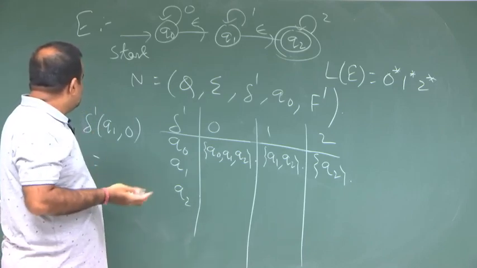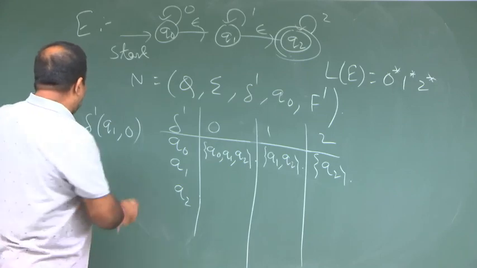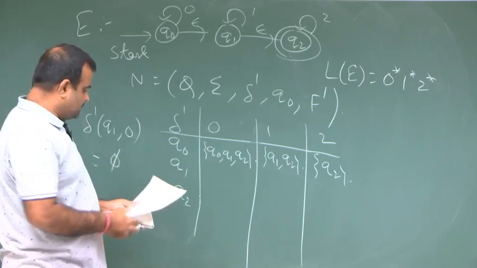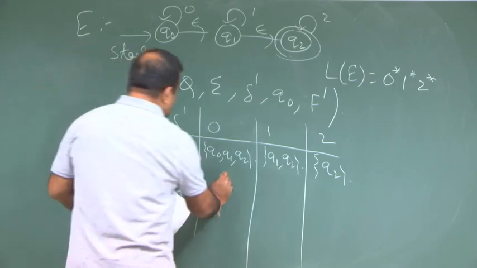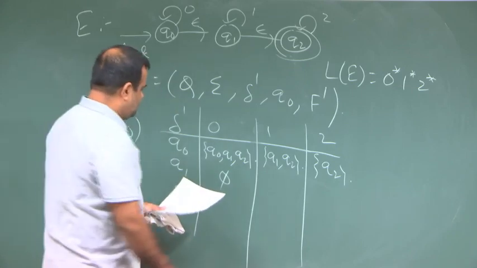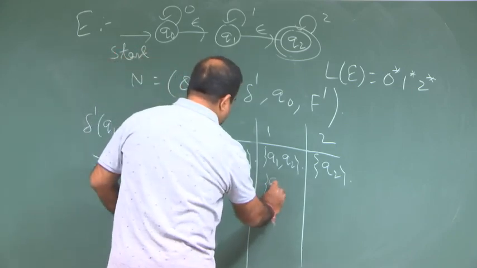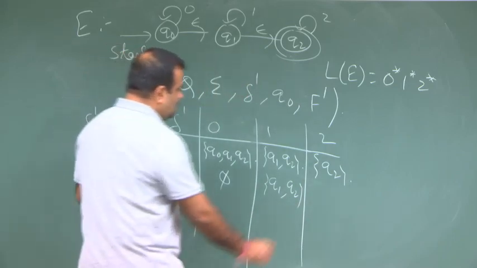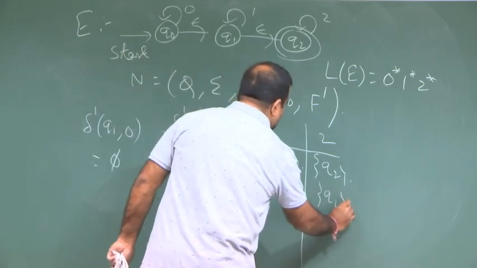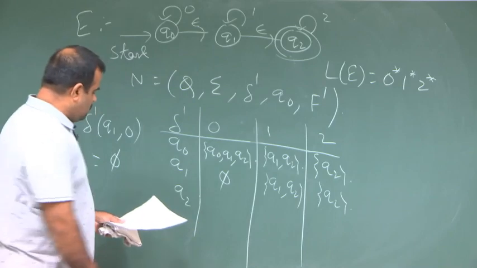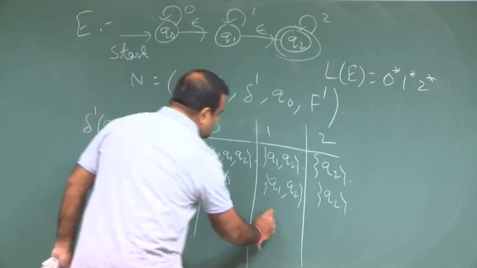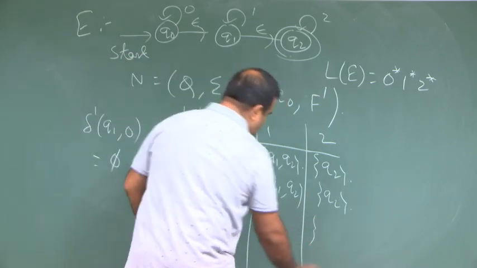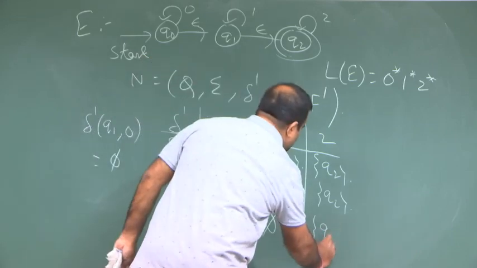So, this will be basically empty. Again similarly we can find this is Q1 Q2 and this is Q2, and from Q2 this is empty, and this is Q2.